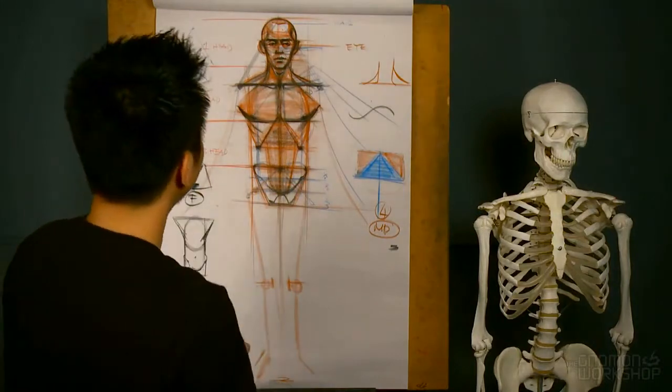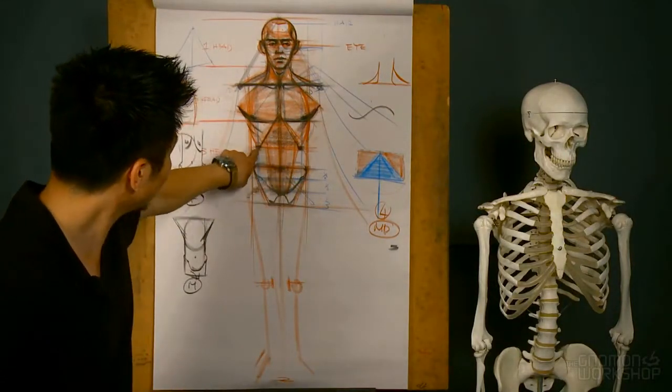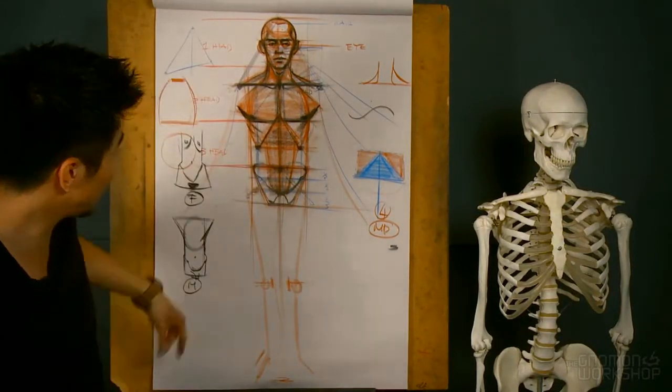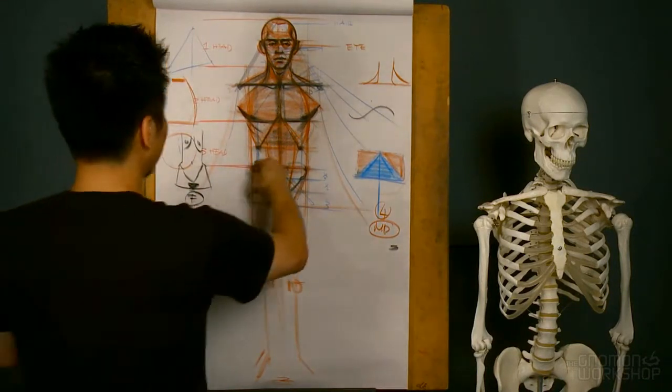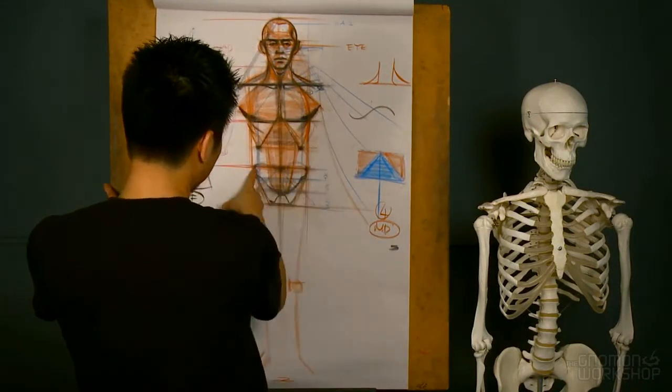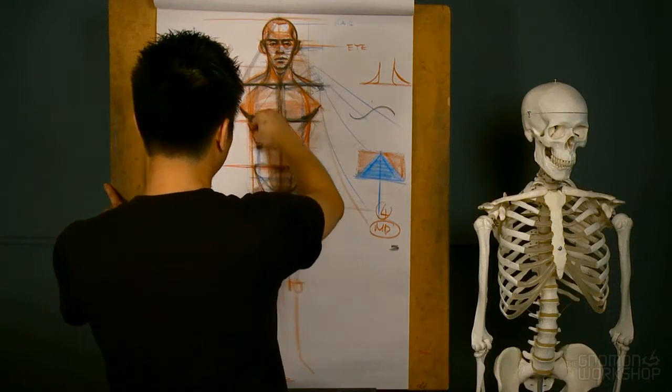Okay. And then between the rib cage and the pelvis on the side is the oblique muscle I mentioned earlier. That oblique muscle is going to sit right on top of this iliac crest.